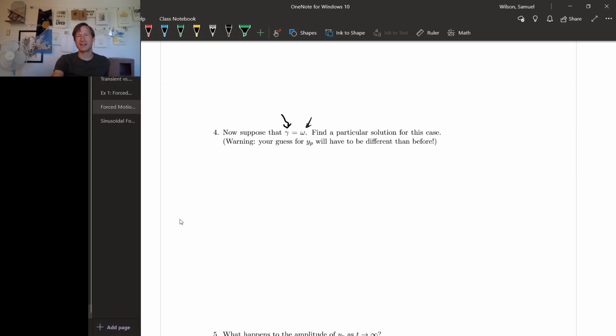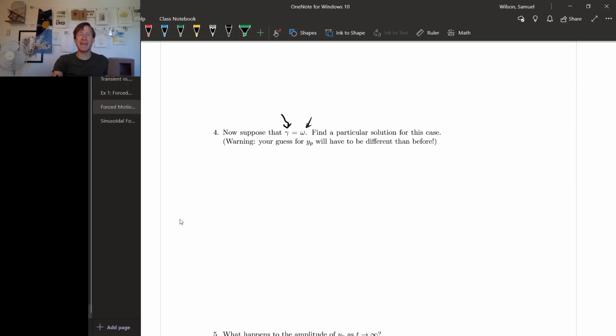And that led us to the particular solution that we got before. But what if those two frequencies are the same? So what if you're forcing the mass spring system at its natural frequency? So that's what we're looking at here.